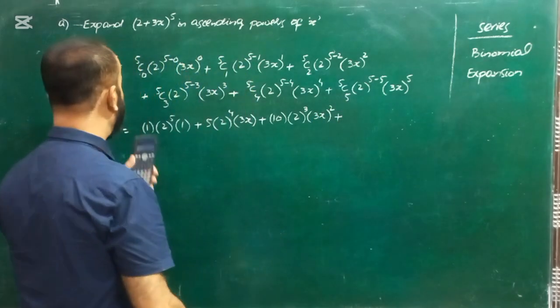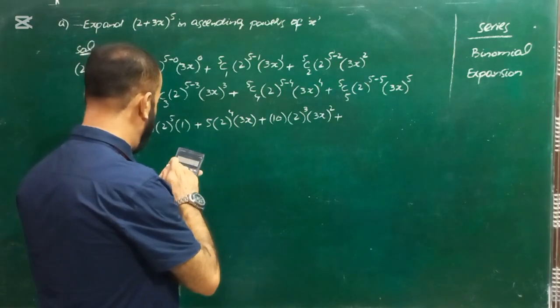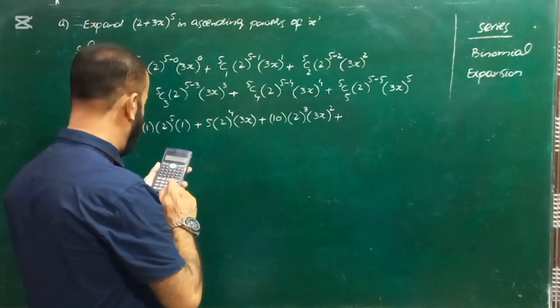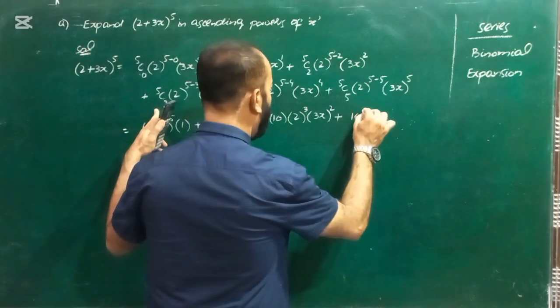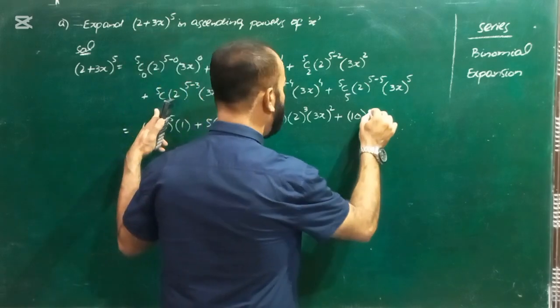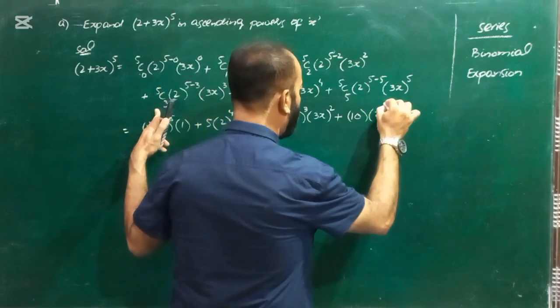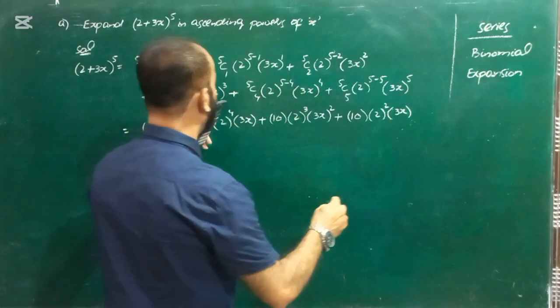So plus 5C3, 5C3, answer is 10 into 2 raised to power 2 into 3x raised to the power 3.